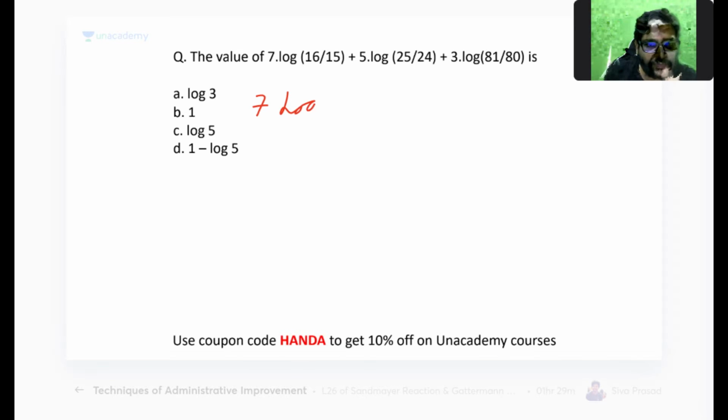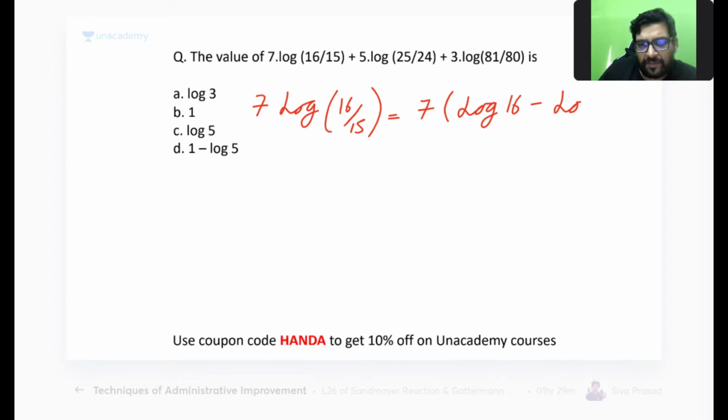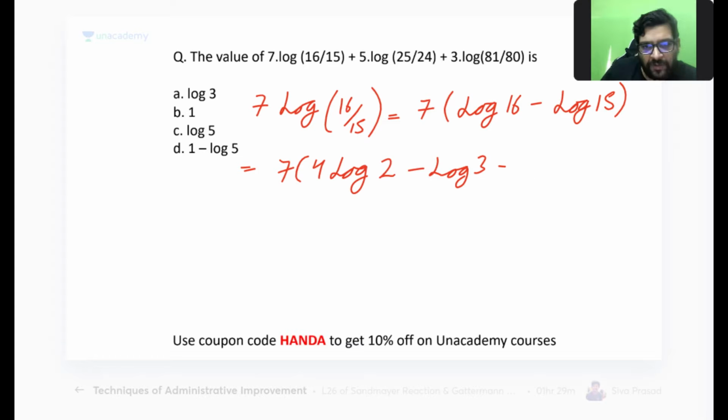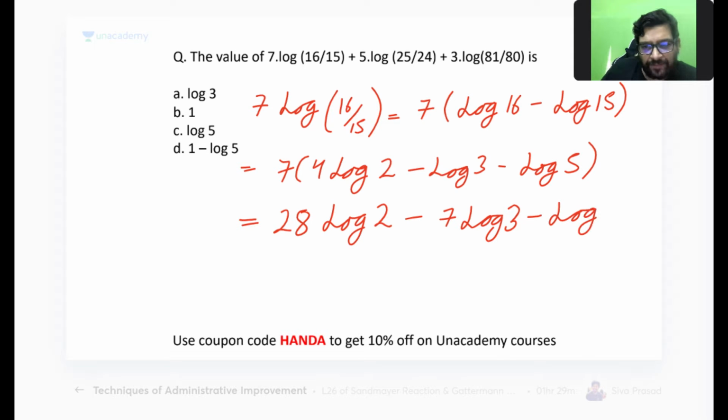First one, 7 log 16 by 15, which is 7 times log 16 minus log 15, which is 7 times 4 log 2 minus log 3 minus log 5, that is 28 log 2 minus 7 log 3 minus 7 log 5.